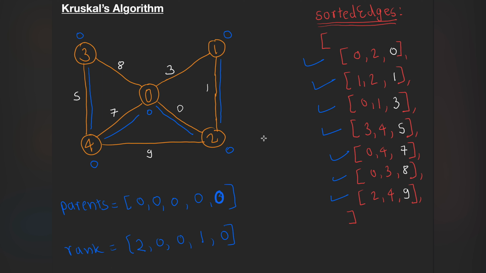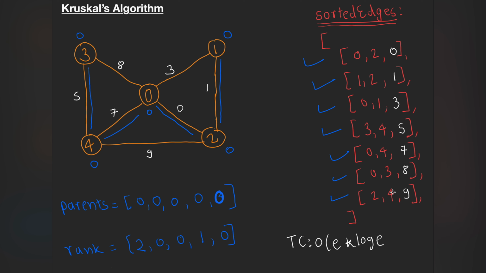Now let's look at the time and space complexity of Kruskal's algorithm. Initially, we were given the adjacency list, using which we created this sorted edges array. Sorted edges array is nothing but the edges sorted with respect to their weights. That will take a time of O(E log E), where E is the number of edges.